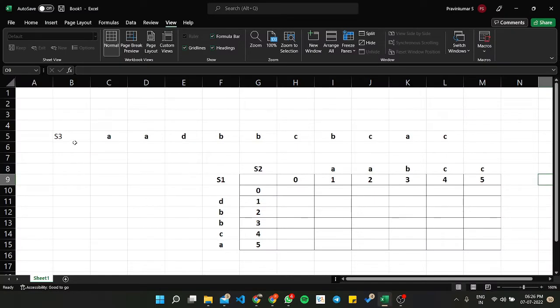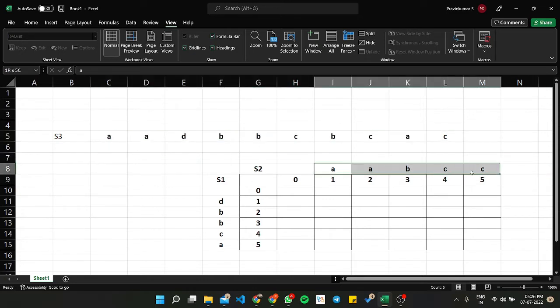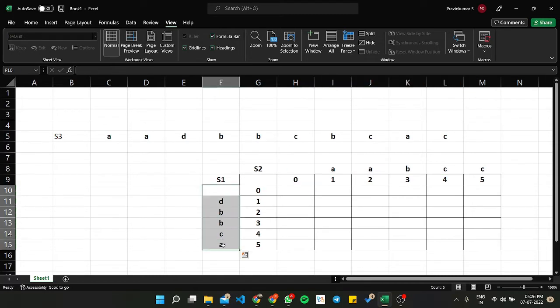Now I take the same example which is given in the sample test cases. First is the given S3, and S2 and S1. I will form the DP table, or memoization table. I will take S1 as the rows and S2 as the columns.